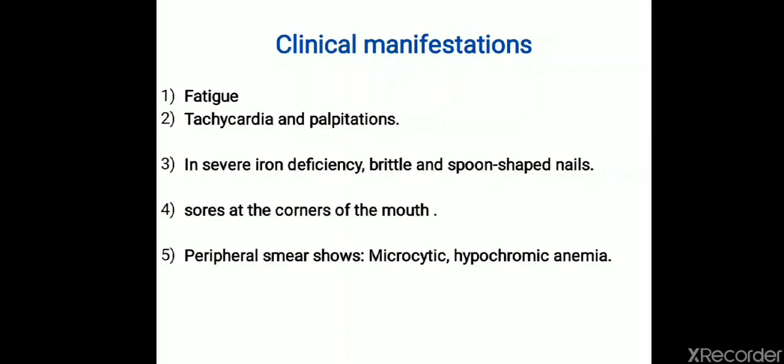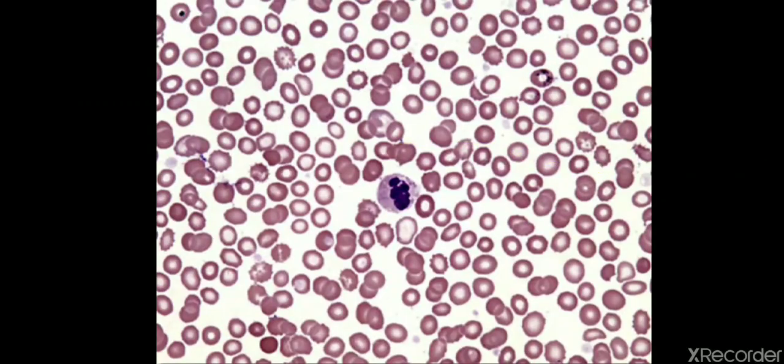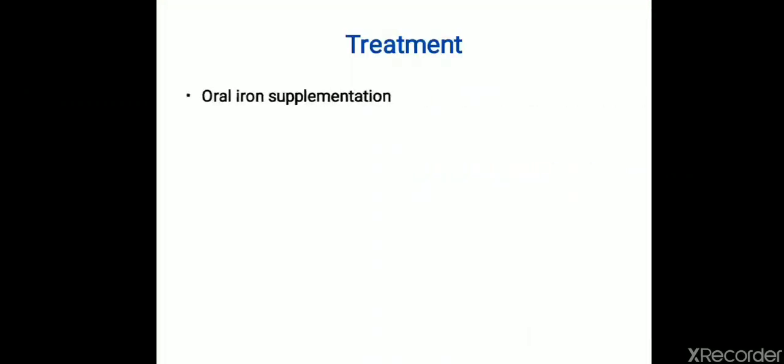The peripheral blood smear shows microcytic and hypochromic anemia. That will be the peripheral smear picture in iron deficiency anemia. Regarding treatment, that is oral iron supplementation. So that's all regarding iron.